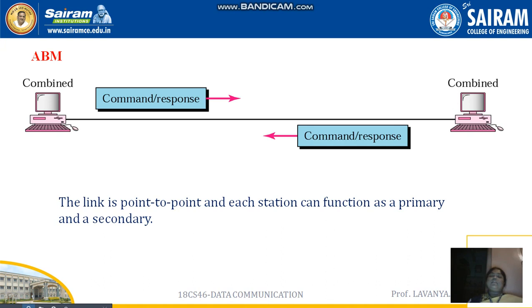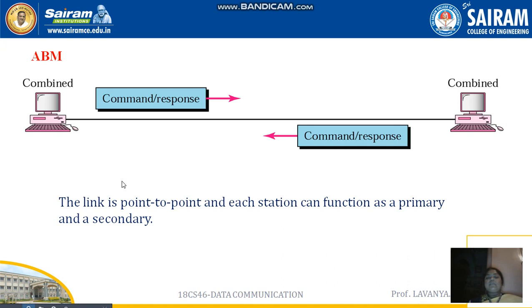It is going to send the request as well as the response from one side. On the other side, the receiver also sends the request as well as the response. So this method we call the ABM method.